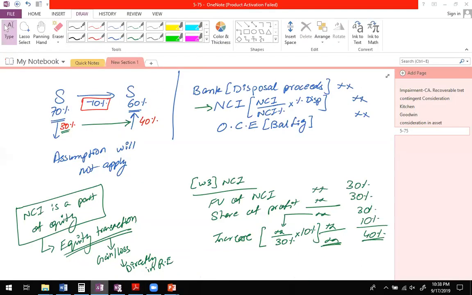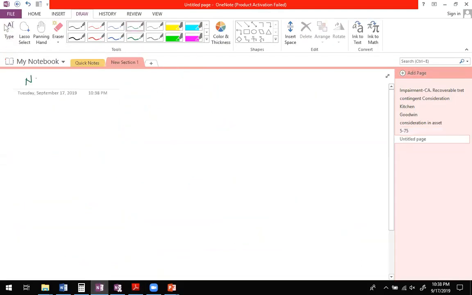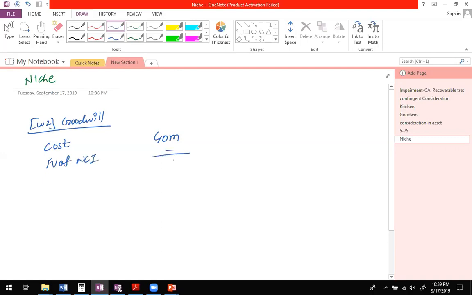So if till over here I want to calculate the goodwill, which is normally working number 2 that we solve, the cost of acquisition was $40 million. Because we are following the partial goodwill method, there is no fair value of NCI, and the fair value of net assets will be 44 million into 80%.